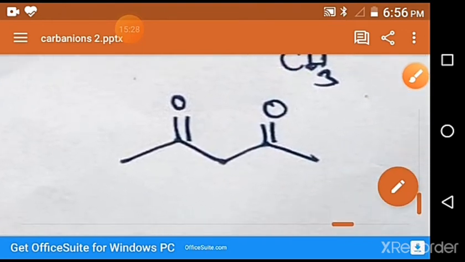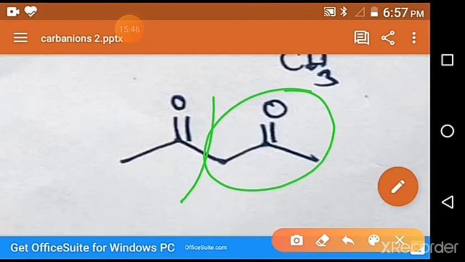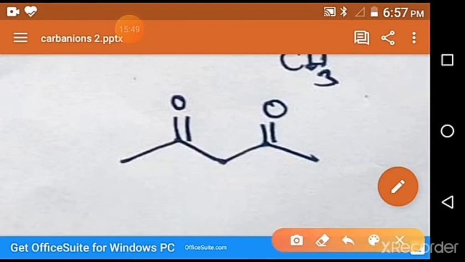Coming to acetylacetone. This is an acetyl group. It is a ketone: pentane-2,4-dione. It's also called acetylacetone. In acetylacetone, we see there is an active methylene group. This is the active methylene group. Why? Because this methylene group is attached to two carbonyl carbons.